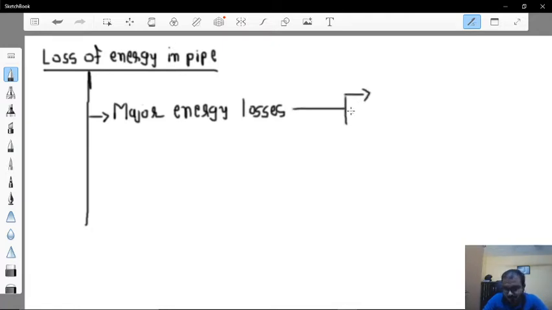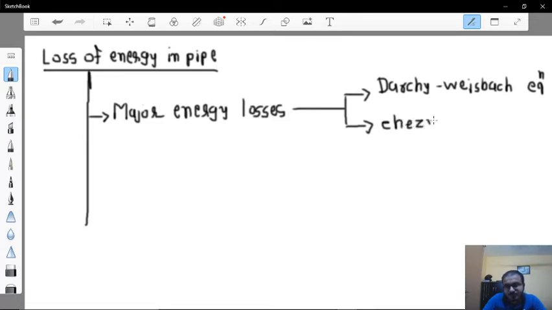First is Darcy-Weisbach equation. And second is Chezy's formula. Chezy's equation we can write down.